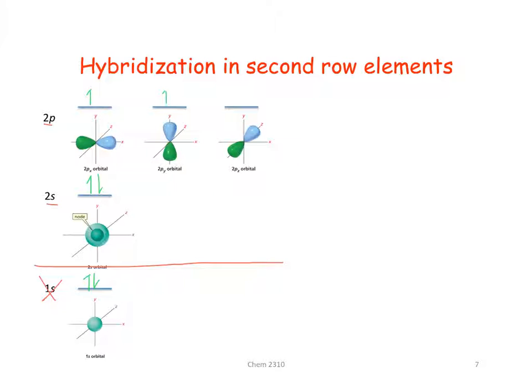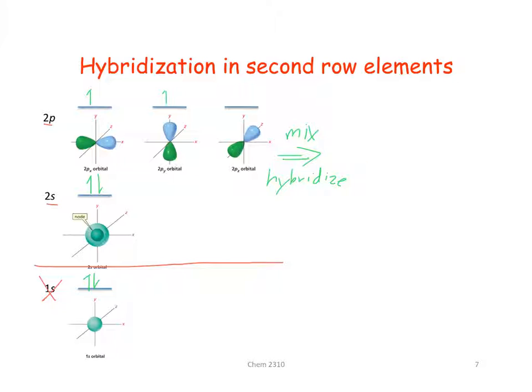All right, so what's going to happen is we want 4 orbitals, and so we're going to mix 4 orbitals. We're going to mix the 2s and all 3 of those 2p orbitals. Like this. We're going to mix these, or what we call hybridize them.